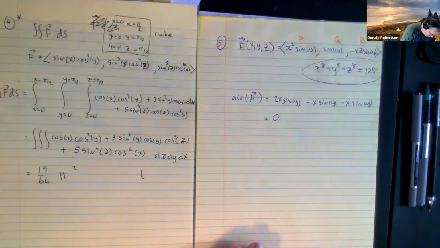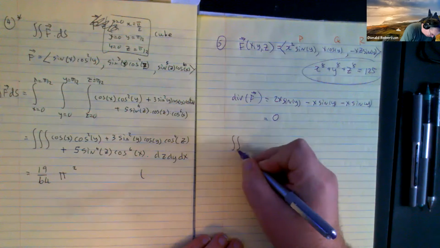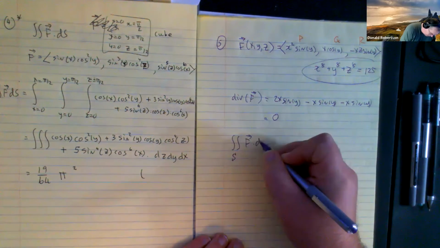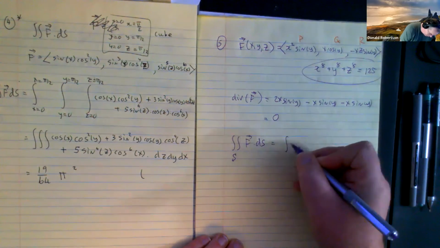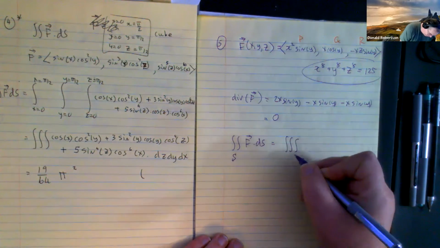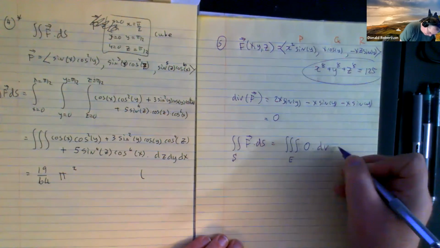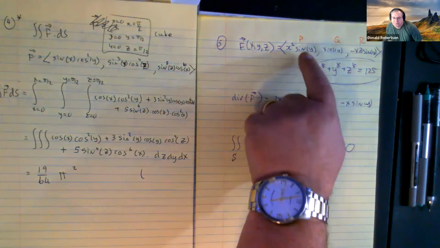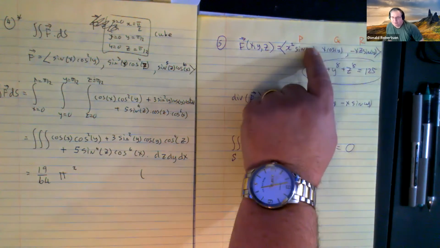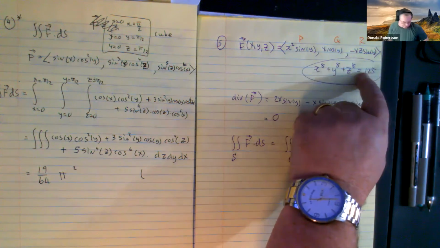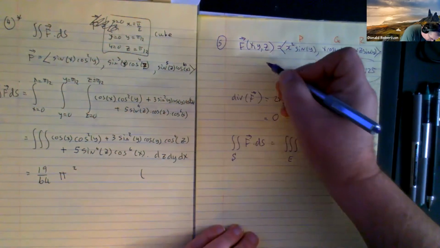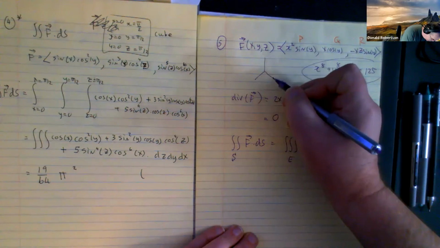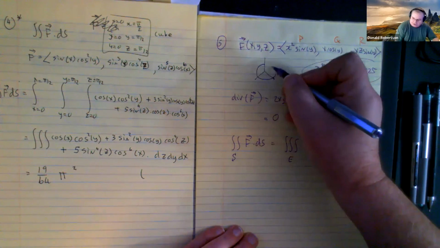And when you do your surface integral, the flux, aren't you going to be doing the triple integral over some region E of 0? And integrals of 0 are 0, so the answer is just 0. So this vector field, if you looked at this region, it tends to be spherical, but more kind of squashed.